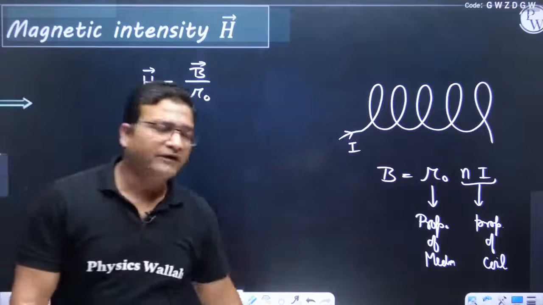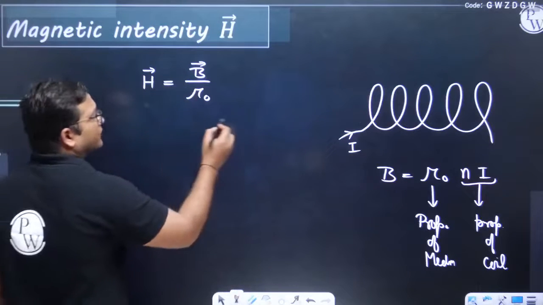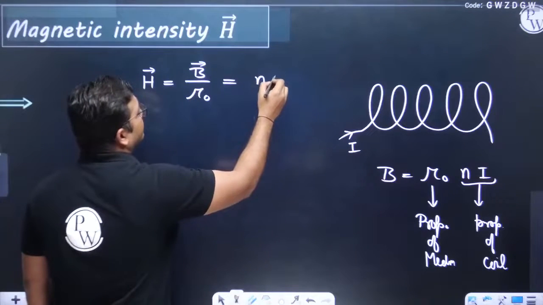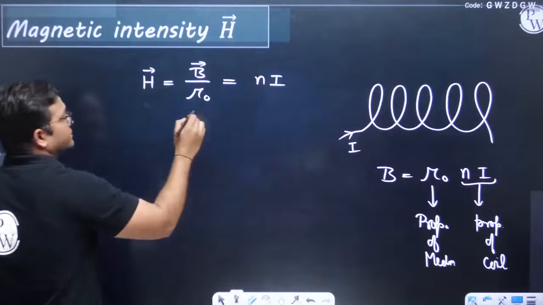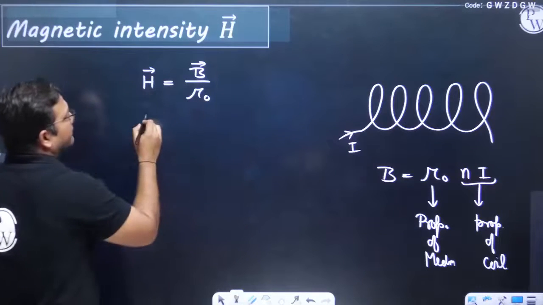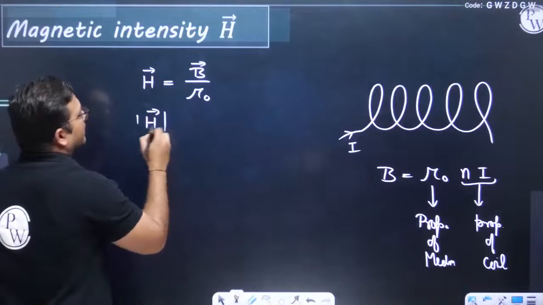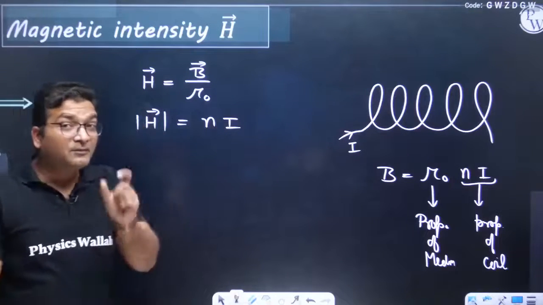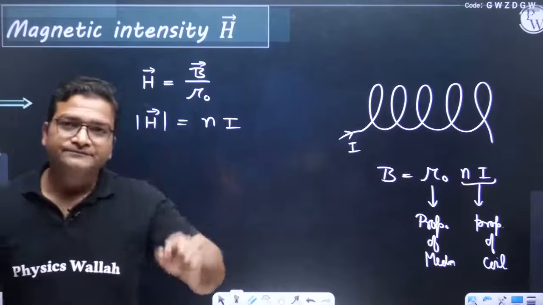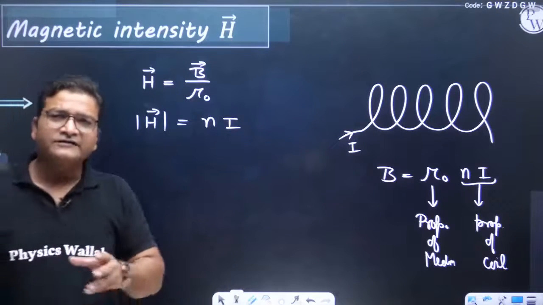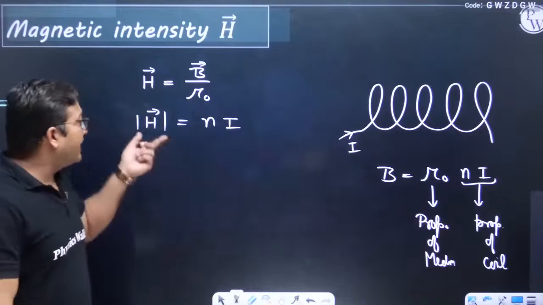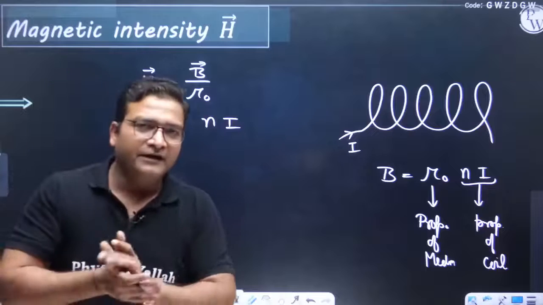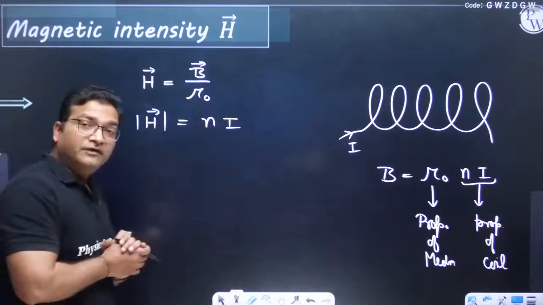For a solenoid, B is mu naught Ni, so the magnitude H equals N times I. This H vector is the property of the current system generating the magnetic field, and when H is multiplied by mu naught, the permeability of free space, we get the net magnetic field.